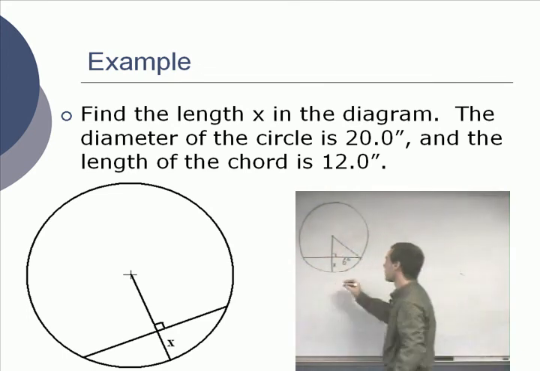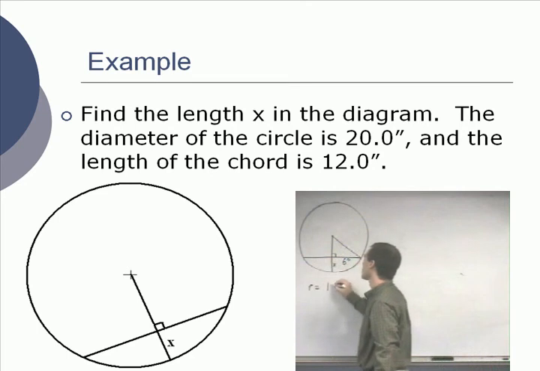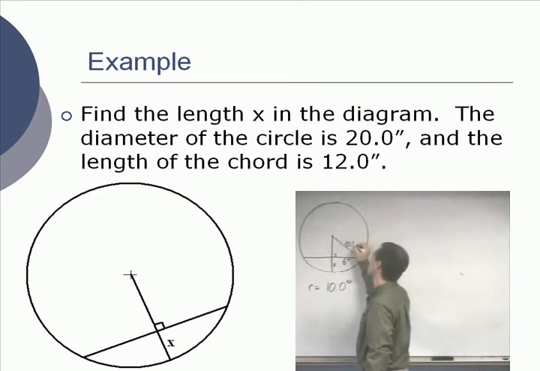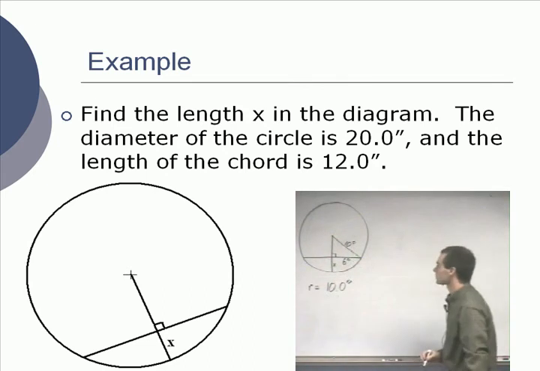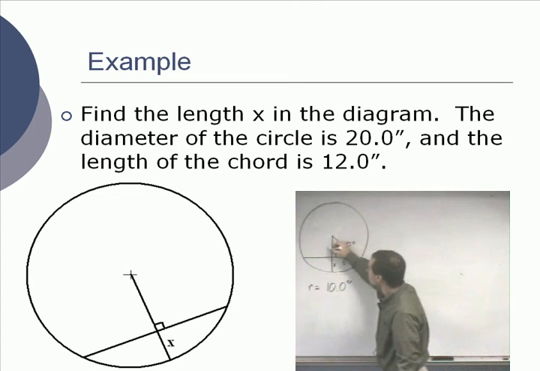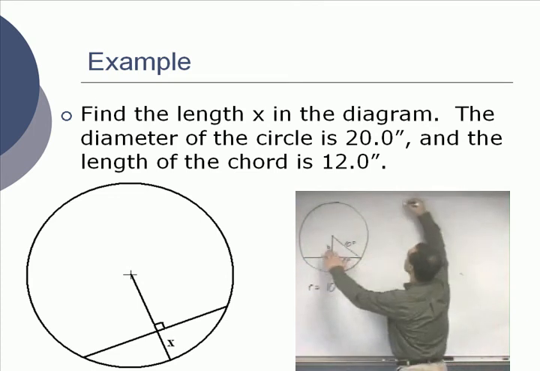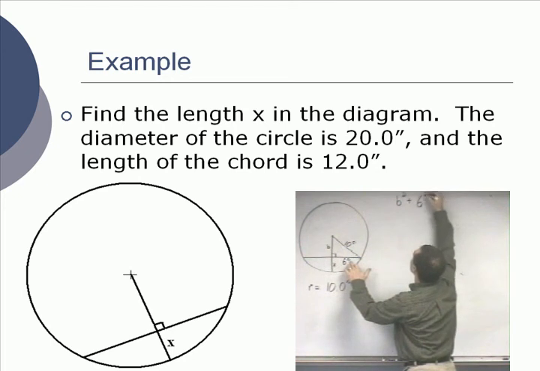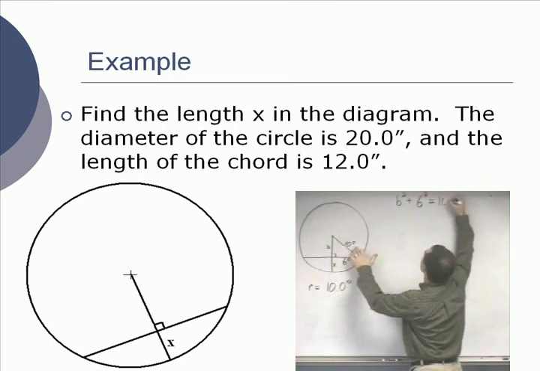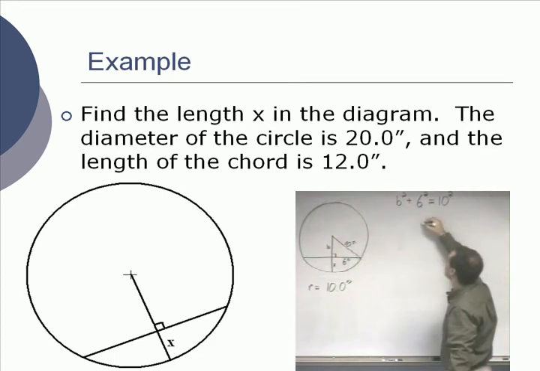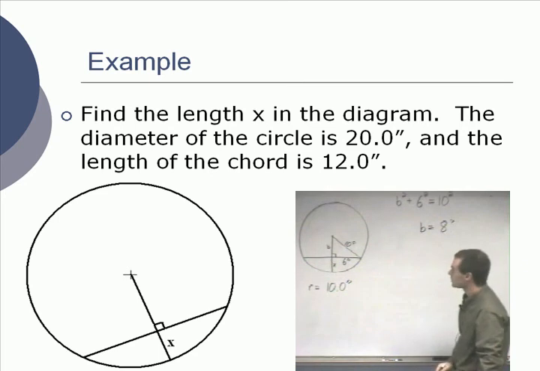The diameter of this circle was 20 inches, so r is 10 inches. So this is 10 inches. Let's call this distance over here b. So we know that b squared plus 6 squared equals 10 squared. Solving that, you'll find that b equals 8 inches.